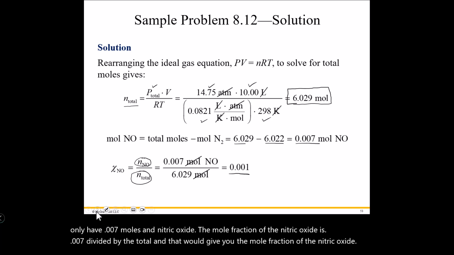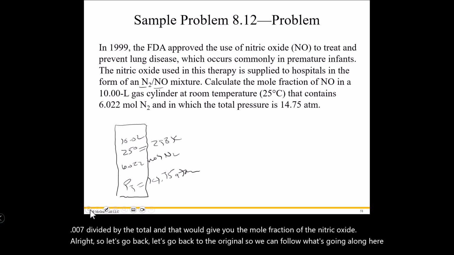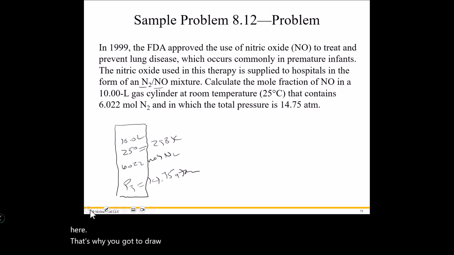All right, so let's go back. Go back to the original so we can follow what's going along here. That's why you got to draw a picture here. You know the total volume, you know the temperature, you know the total pressure. And so PV equals nRT.